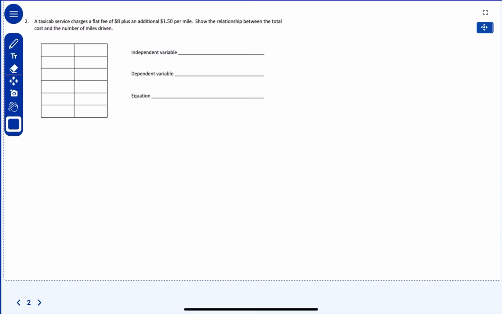The dollar amount? Now, your dollar amount is going to depend on what? The miles. So it is the dependent variable. Your independent variable is the miles, and your dependent is the cost, right? Your cost depends on miles.